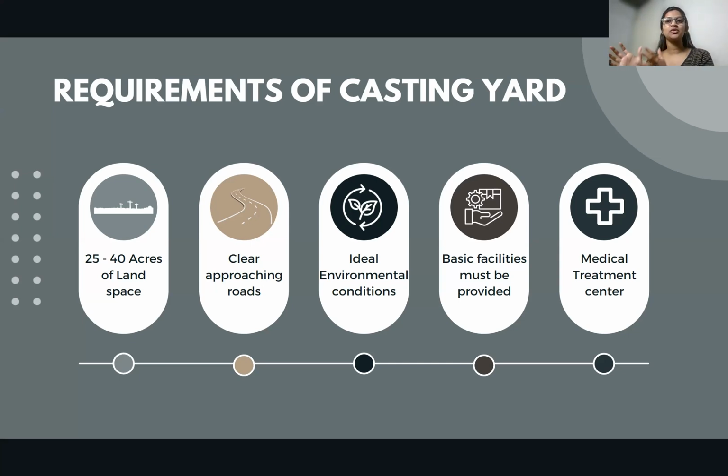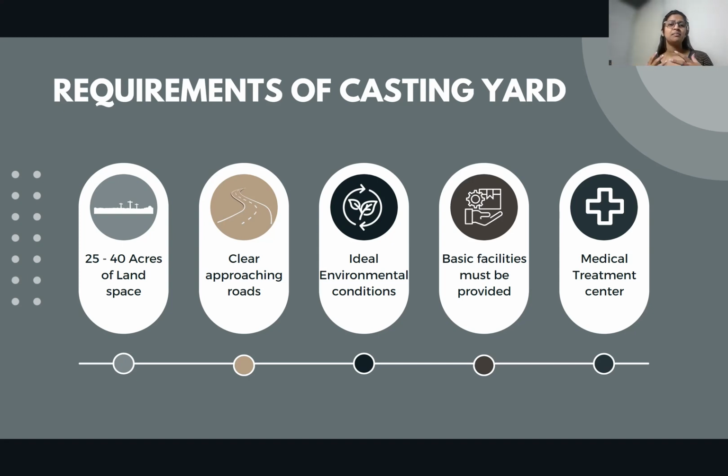On the other side, you will have a batching plant set up, where you will be taking all of your concrete. And once the concreting of these structural units has been done, storage and stacking of all these units also takes some space. And for transportation, there should be some amount of space.